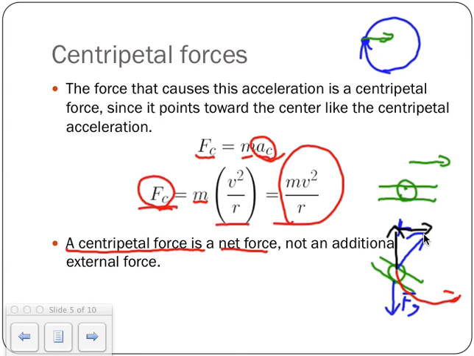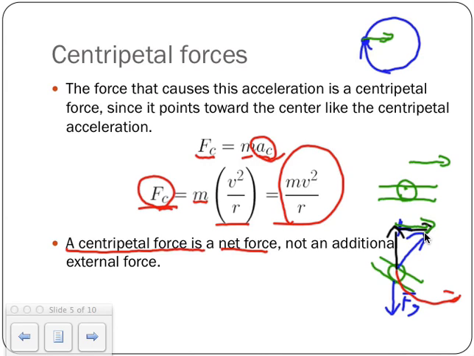It has an x and a y component. The x component of the lift is this guy right here, and it points towards the center of the circle. So for this particular example, where we have a lift force that's pointing in some angled direction, the x component of that lift is going to be the centripetal force, because that's the part that's going to cause the plane to start turning here. It points towards the center of the path.